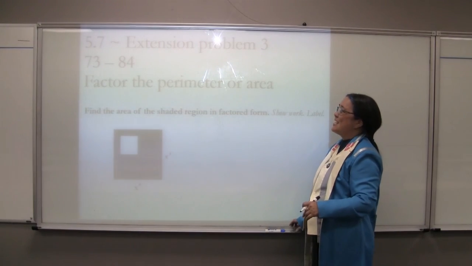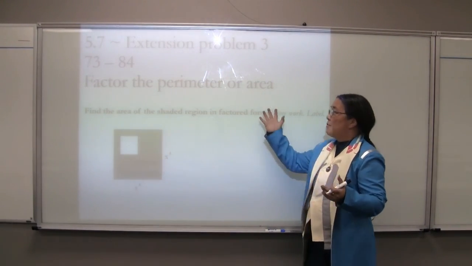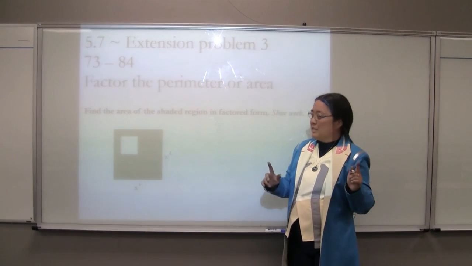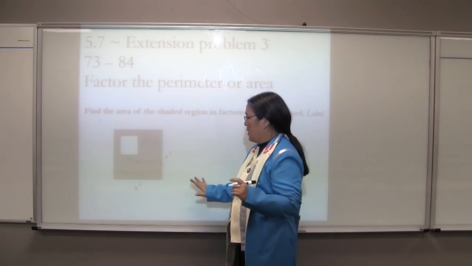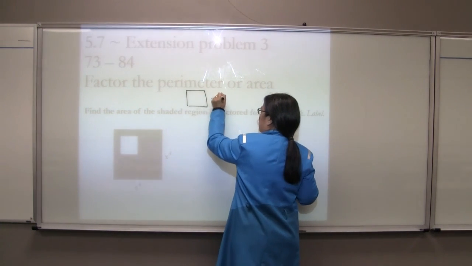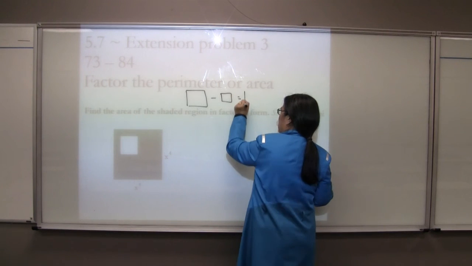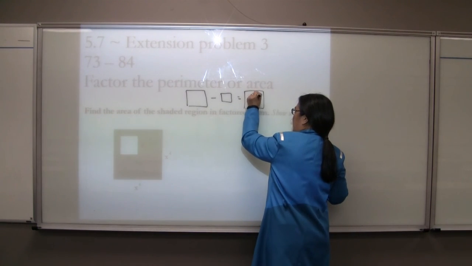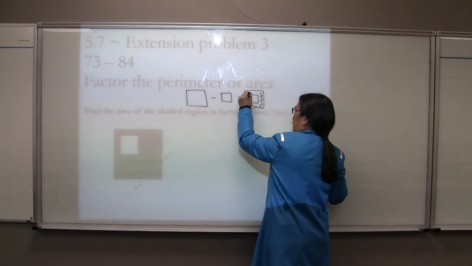Chapter 5, Section 7, Extension Problem 3. Factor the perimeter or area. We did this, but let's take a look at this. We again have big picture minus little picture equals the shaded region with the hole cut out.